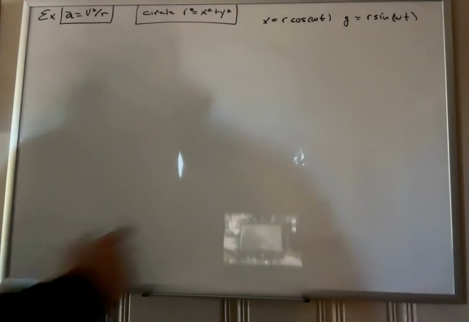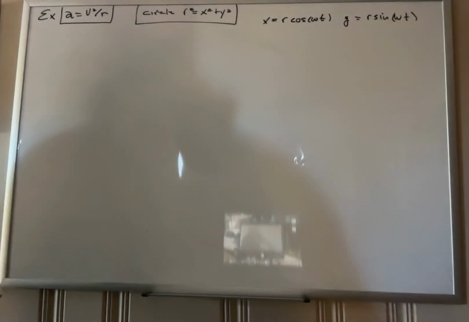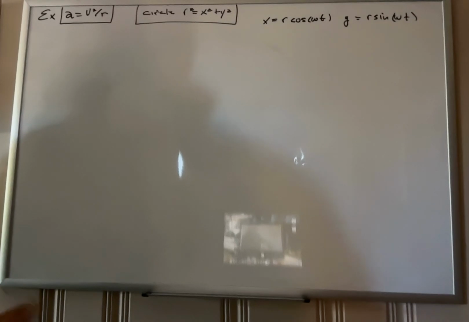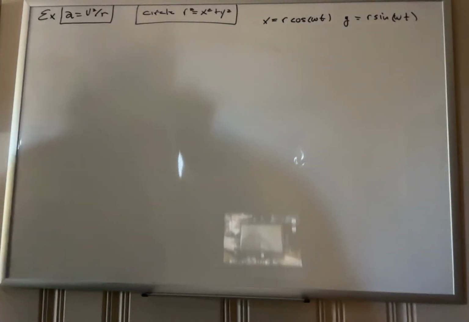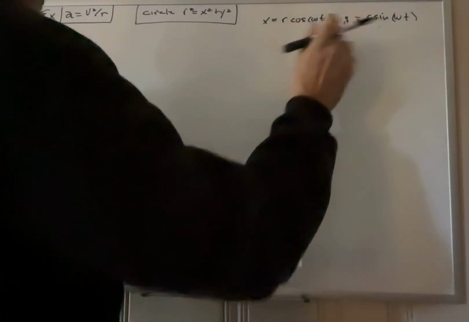Okay, so today we're going to look at these two functions and the graph that they make, and we're going to try to find the velocity and the acceleration of these two functions and the graph that they make. So the first thing we want to do is take the first derivative of x and y.